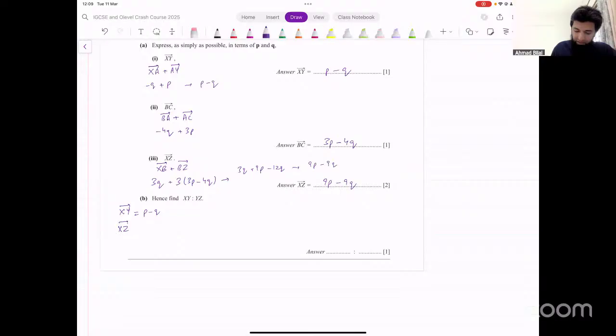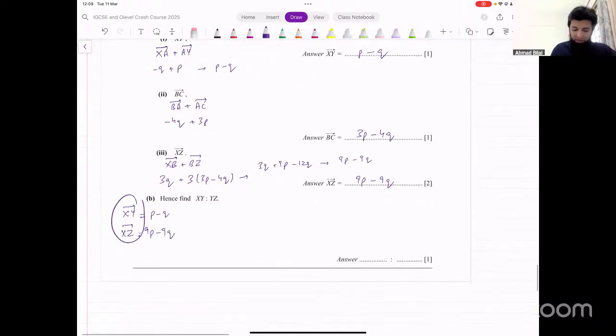XZ vector is 9P minus 9Q. Can you find a relation between these two vectors first? If we multiply XY by 9, you get XZ, right? Multiplying P minus Q with 9 gives you 9P minus 9Q.